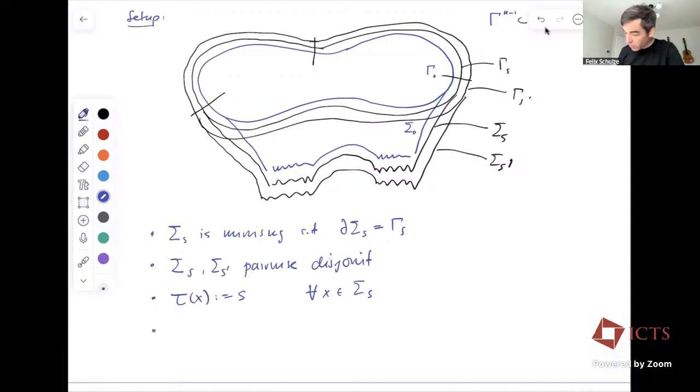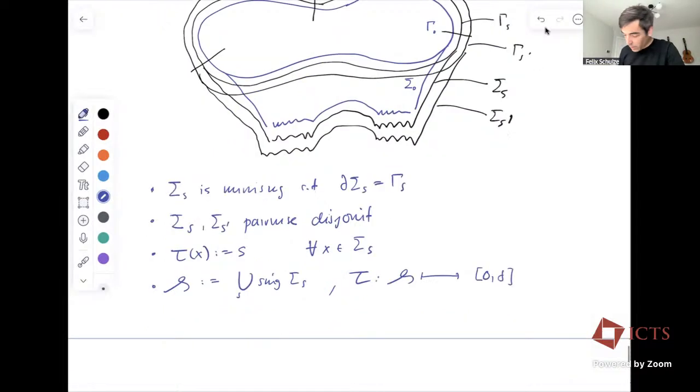We put all these singular sets together: the combined singular set S is just the union over s of the singular sets of sigma s. Now we restrict this timestamp function to this combined singular set. It's now a map into, let's say, (0, delta).